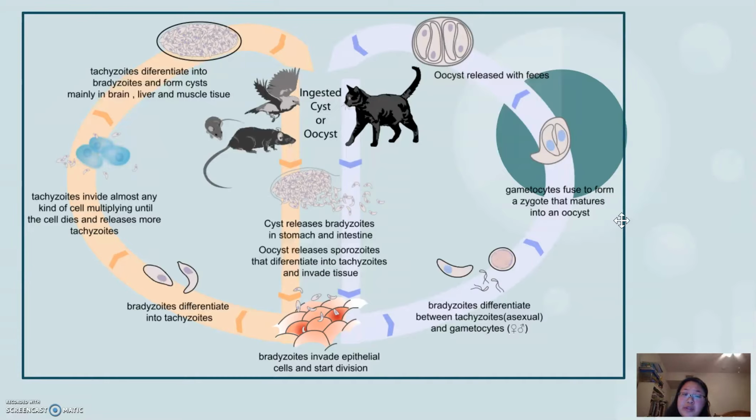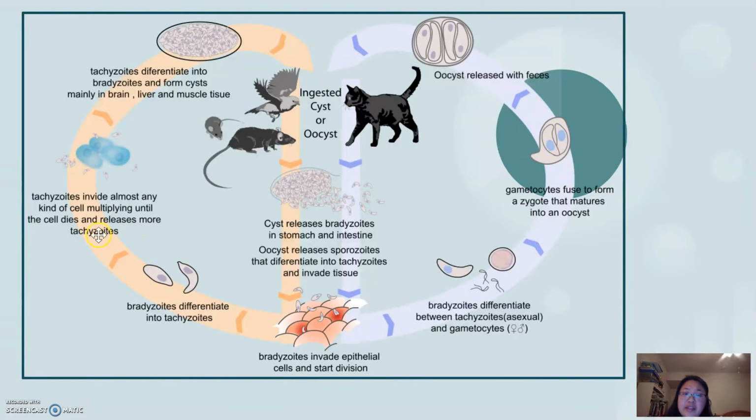They are slow growing, so when they do get into the organism, they can differentiate right here into tachyzoites, which is a really rapidly multiplying and replicating phase of the parasite.